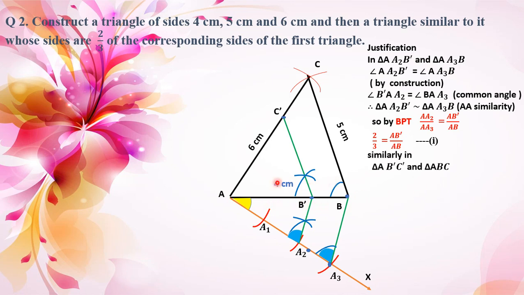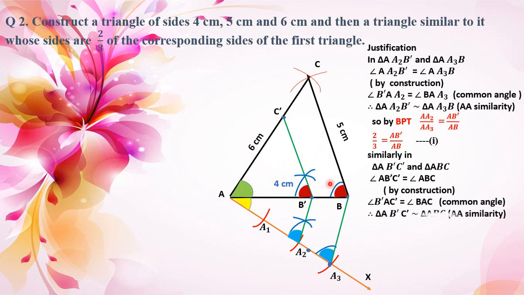Now similarly in triangles AB dash C dash and ABC, the angle AB dash C dash and the angle ABC are both equal, as we have constructed the same angle with the same measurement. Also angle A is the common angle in both triangles, so again by AA similarity the triangles AB dash C dash and ABC are similar.